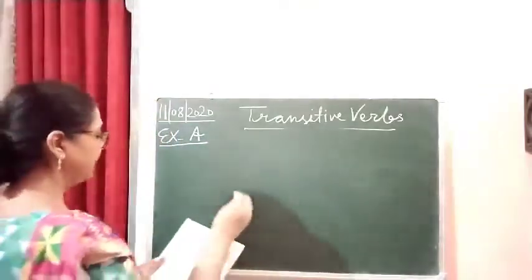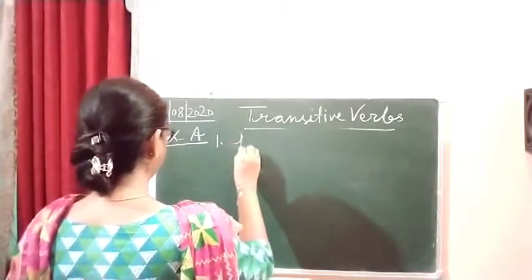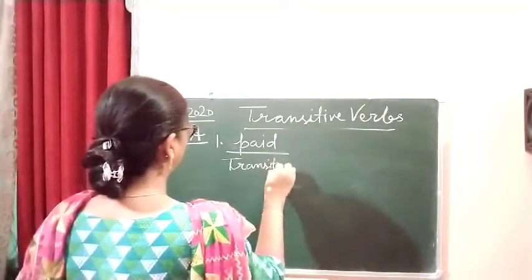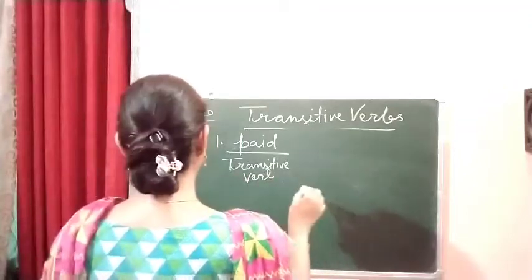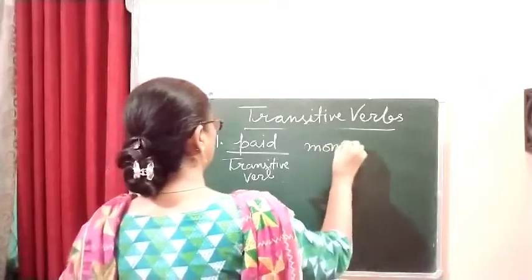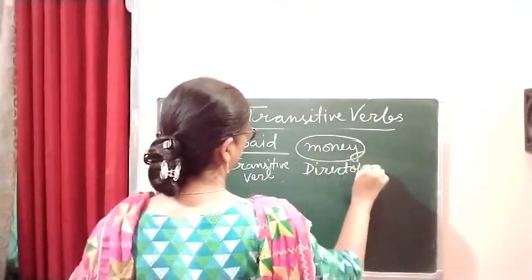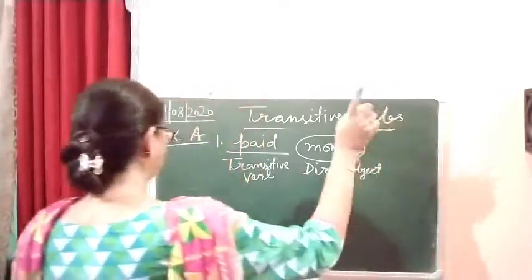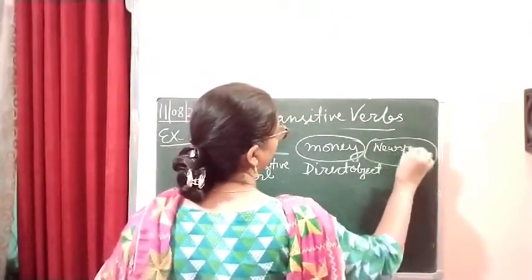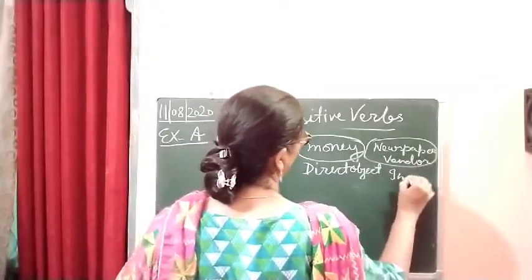First, paid is the transitive verb, and now moving on, money is the direct object, and to the newspaper vendor, the newspaper vendor is the indirect object.